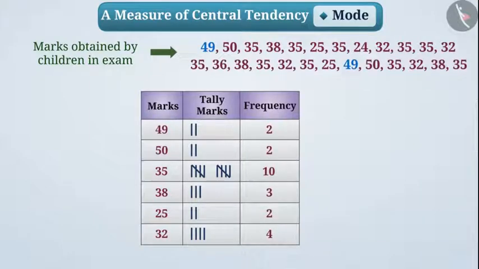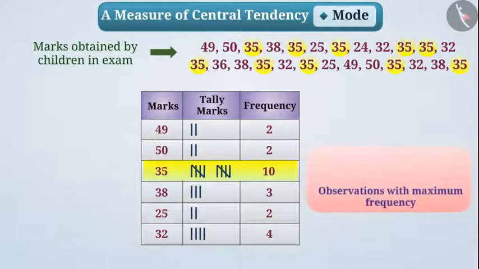Can we identify a mode based on frequency? Think. Absolutely right. The frequency of an observation tells us how many times the observation has occurred in all the observations. So, the observation that has the highest frequency will be the most frequent in the observation group, that is, the most prevalent.